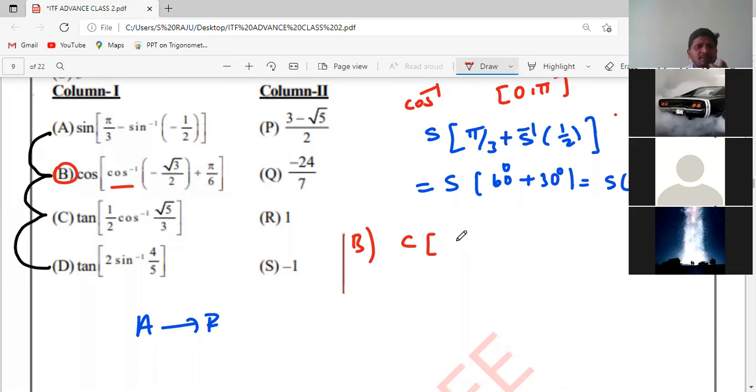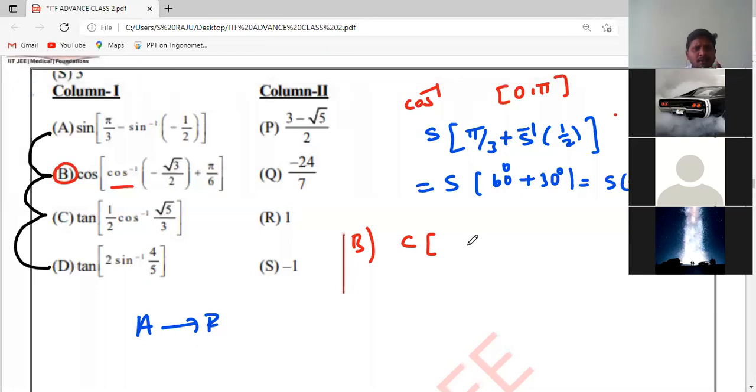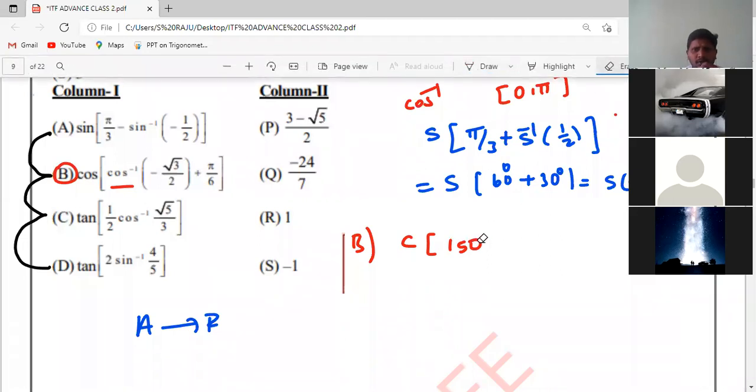Cos inverse of minus root 3 by 2 is 150, since cos 150 is minus root 3 by 2. Is it clear?